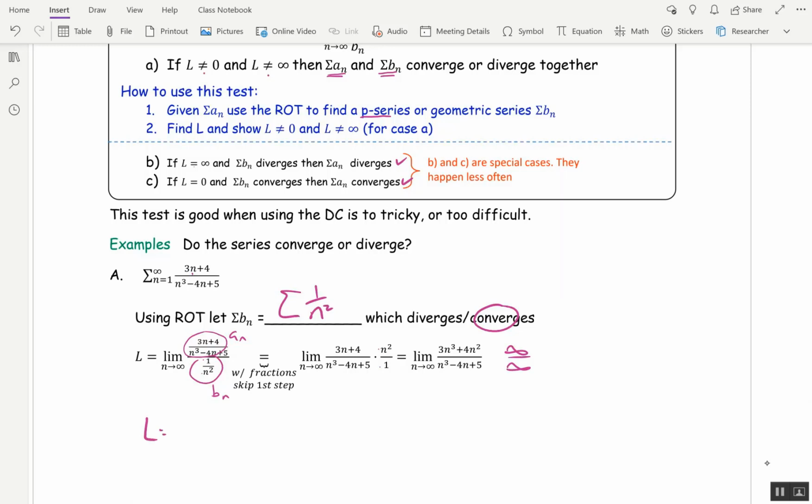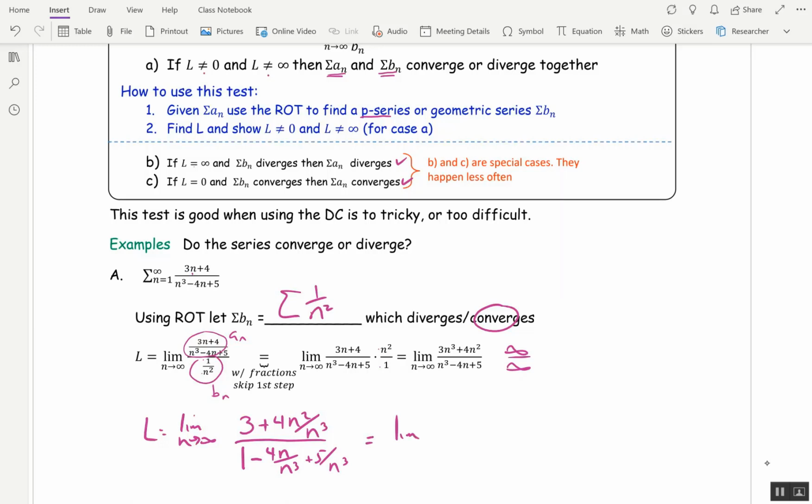So L is limit n goes to infinity. I'm going to divide top and bottom by n cubed. By n cubed, that's the highest power in the denominator. So upstairs I get 3 plus 4n squared over n cubed over 1 minus 4n over n cubed plus 5 over n cubed.